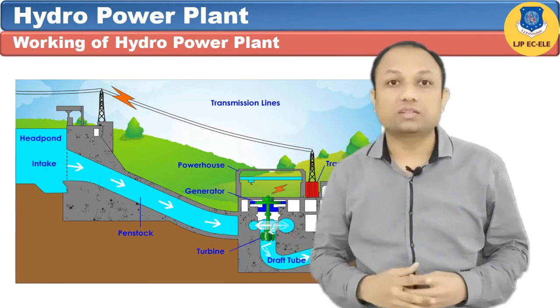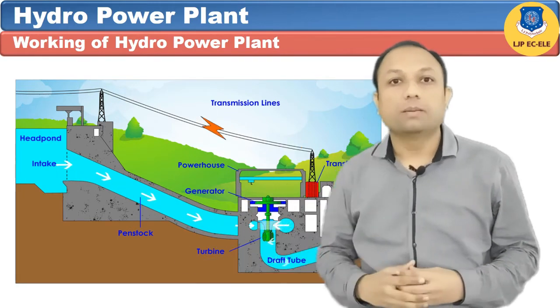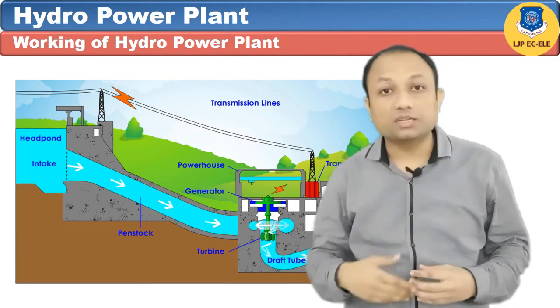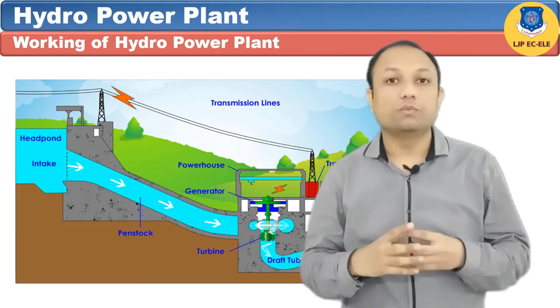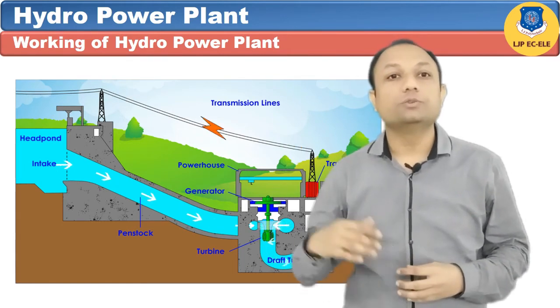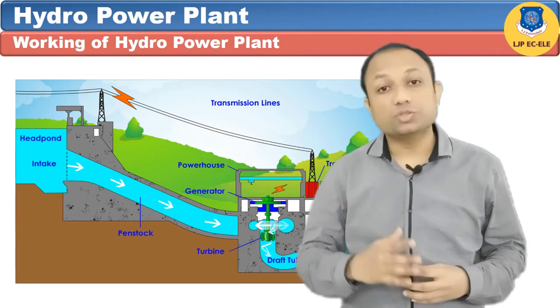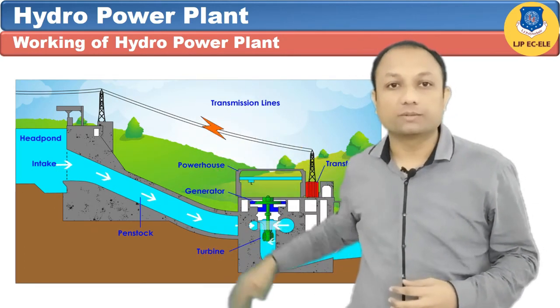As a result, the turbine rotates due to the water force applied to its blades. Hence, the alternator rotates. Since the turbine shaft is coupled with the alternator shaft, it converts mechanical energy to electrical energy. So, this is about the working of hydropower plant.